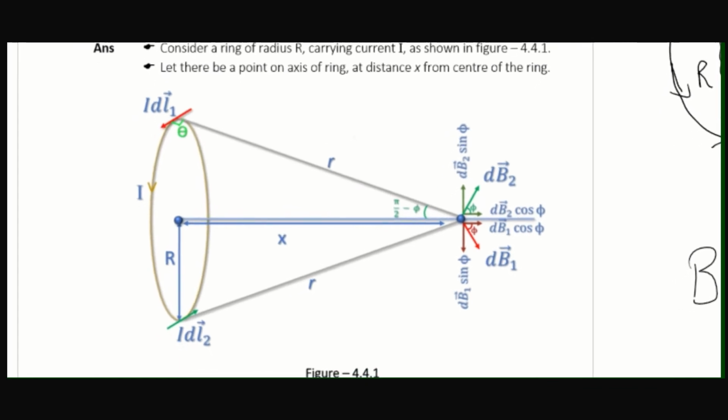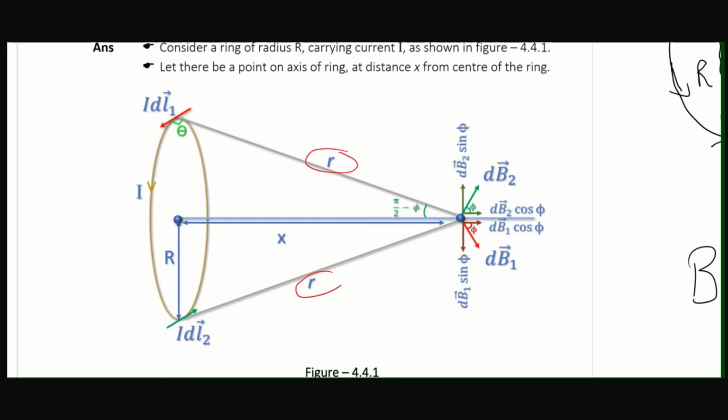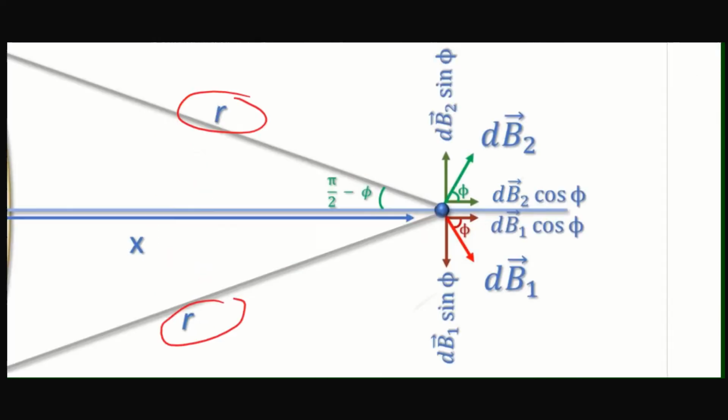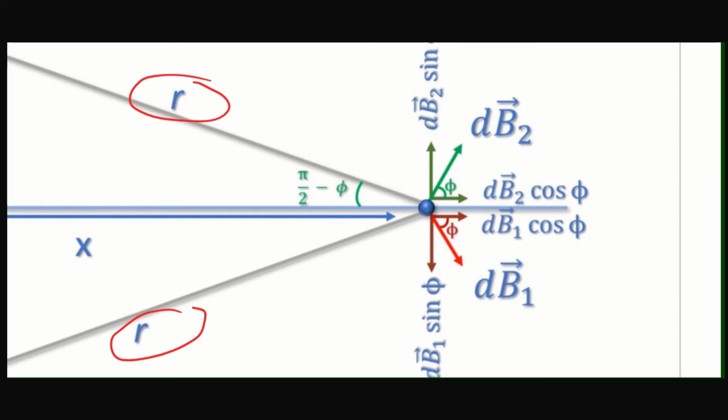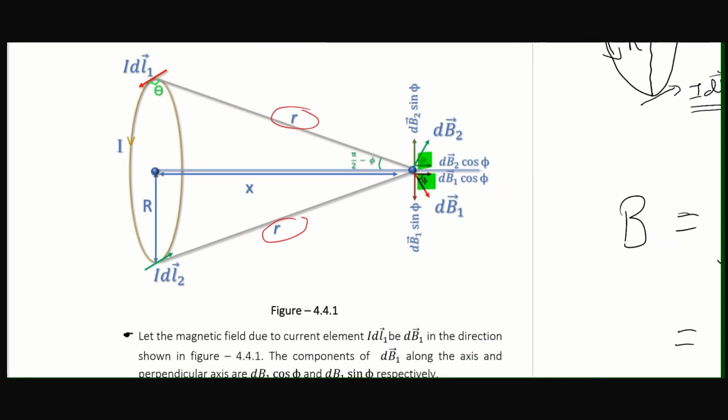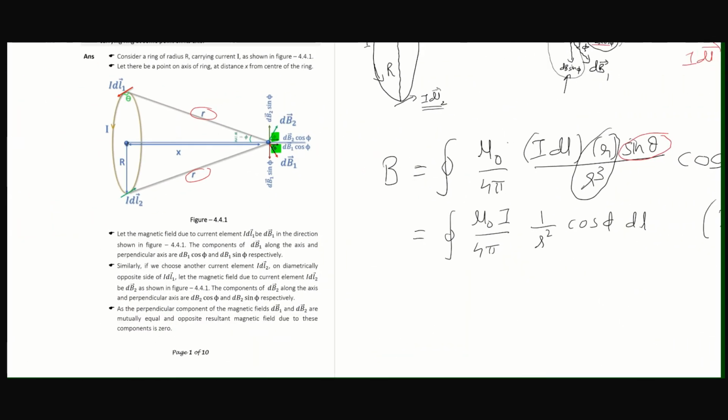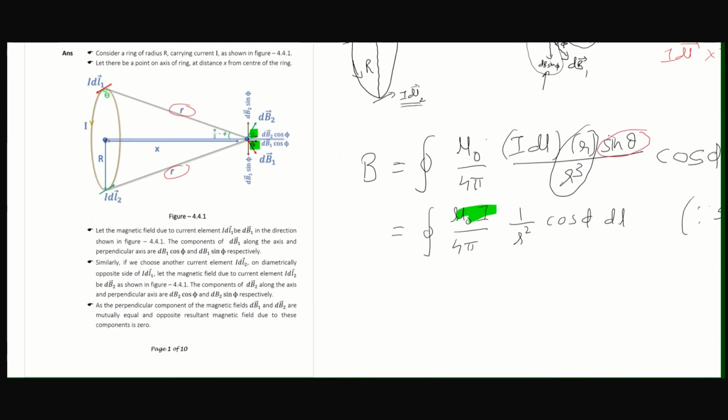Now look at the diagram. We have r constant, isn't it? Phi is also constant, so cos phi will be constant, and mu 0 and I are obviously constant terms. 4 pi is also constant.